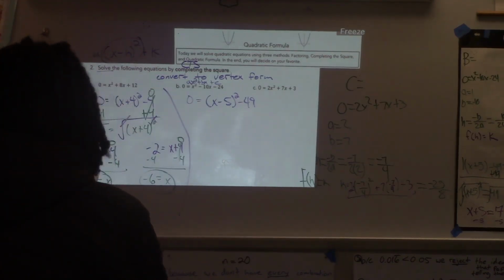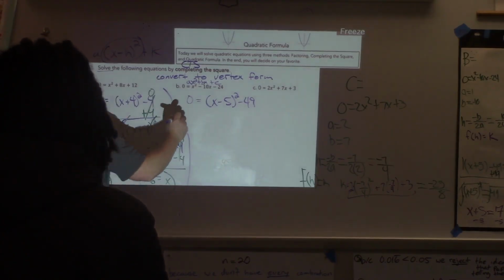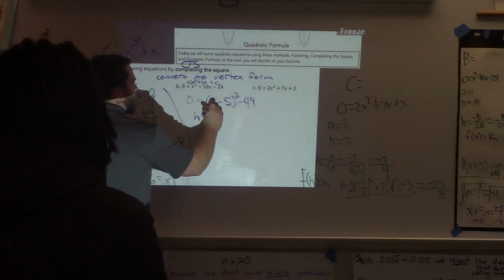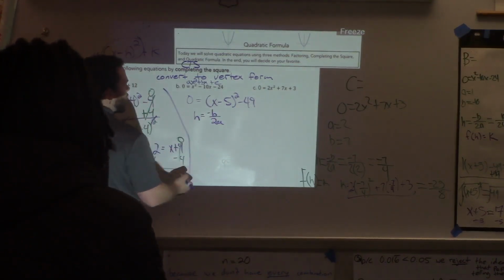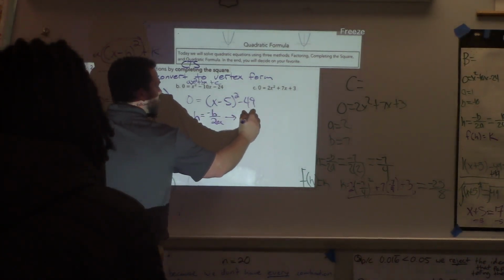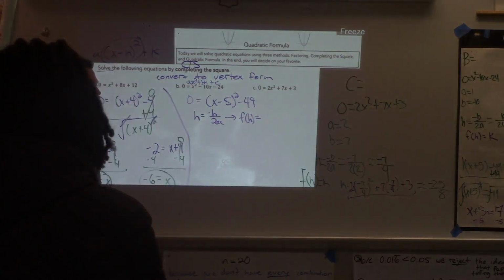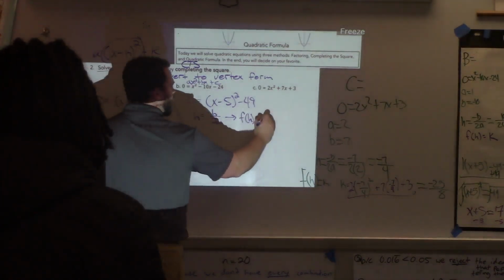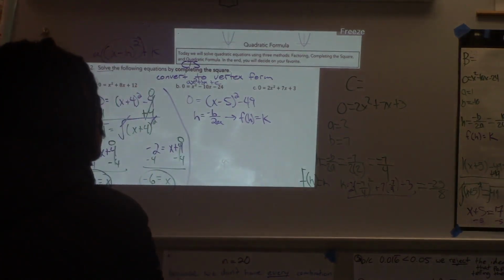We saw this in the Desmos activity, but at the end of the day, you're just going to have to memorize that h equals the opposite of b divided by 2a. You've got to know that, and then you also have to know that an input of h gives you an output of k. Right? Yeah. So an input of h gives you an output of k. If you know those two things, you can convert to vertex form every single time.